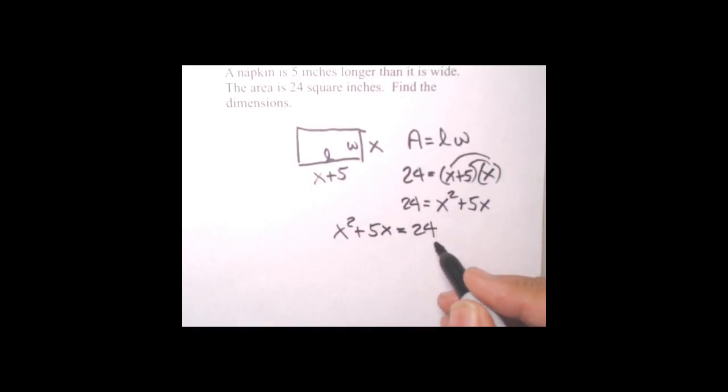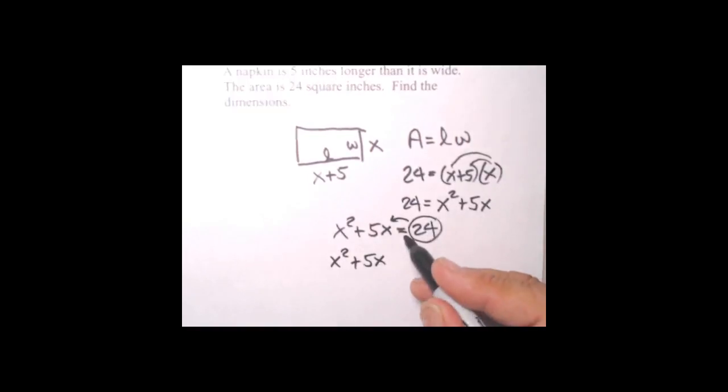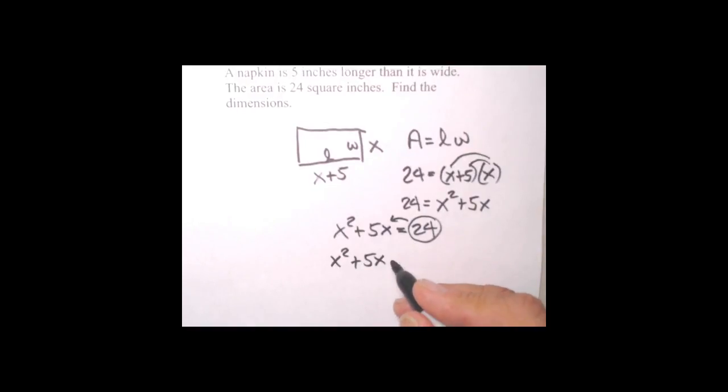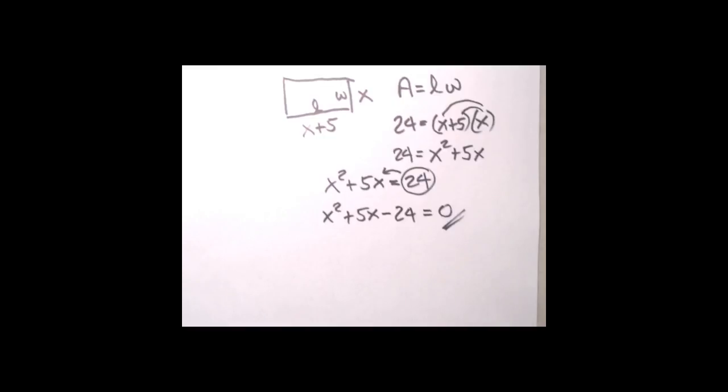So the first thing we need to do is get a 0 on the right. So this 24, jump it over, and we've got X squared plus 5X. Now remember, when you jump terms across the equal sign one at a time, you change the signs, so the plus 24 becomes minus 24, and that equals the 0 that we need to be able to get the roots when we factor this quadratic.